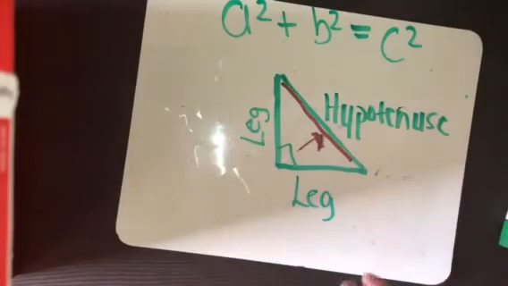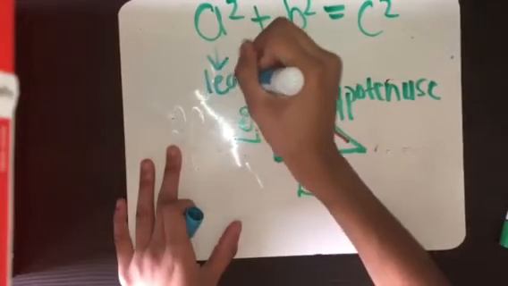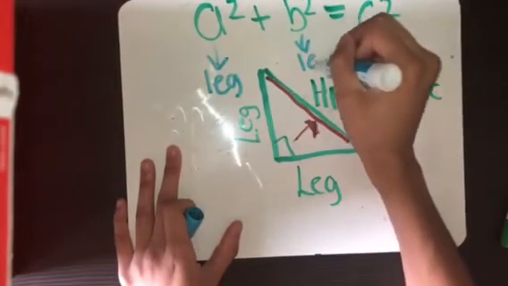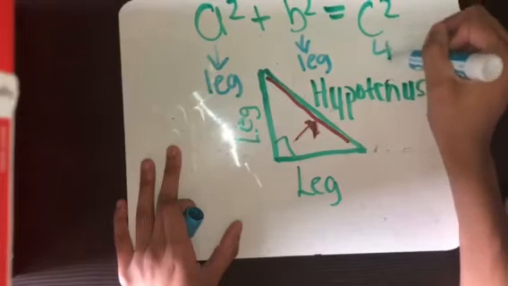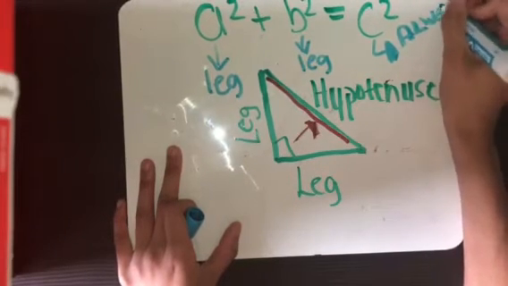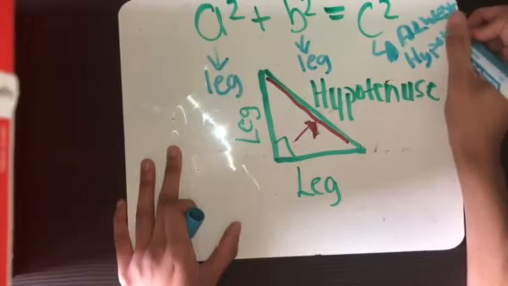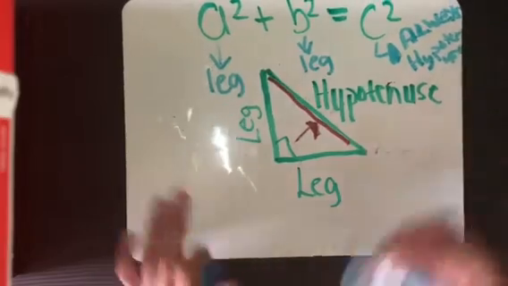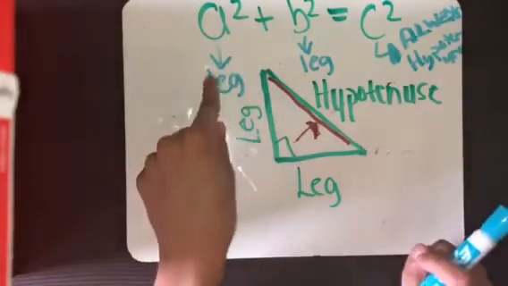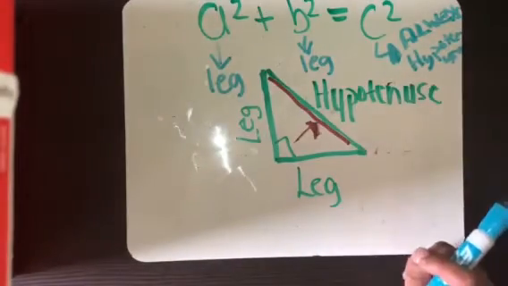So looking back at our formula, a is always a leg, so this is a leg. B is always a leg. C is always, so let's put always, the hypotenuse. All right, so you have a leg squared plus another leg squared equals the hypotenuse squared.